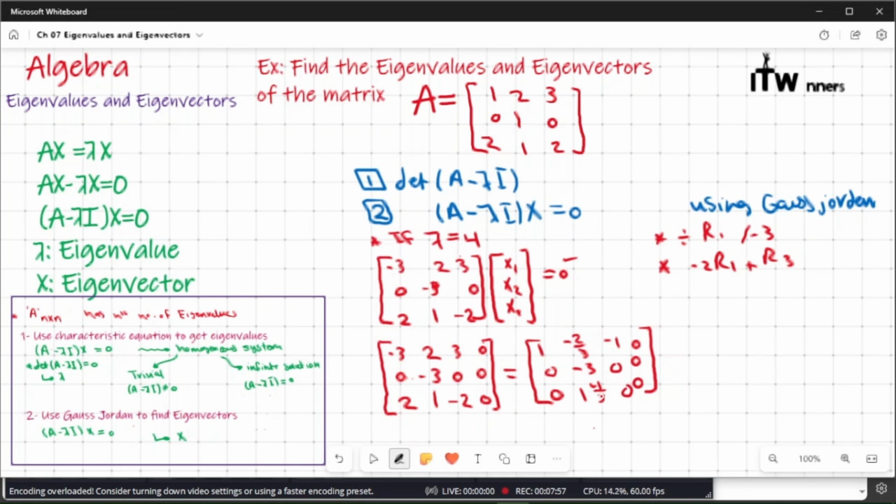Again with the second row, we divide R2 by negative 3 to make the central element equal to 1. Multiply the second row by 2 thirds, then add to the first row.